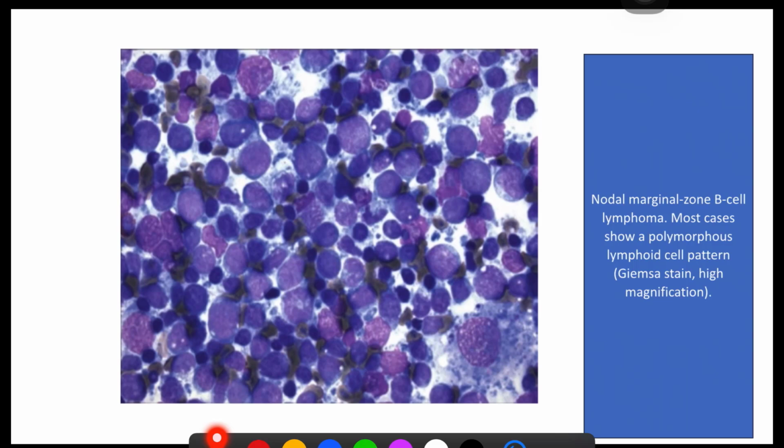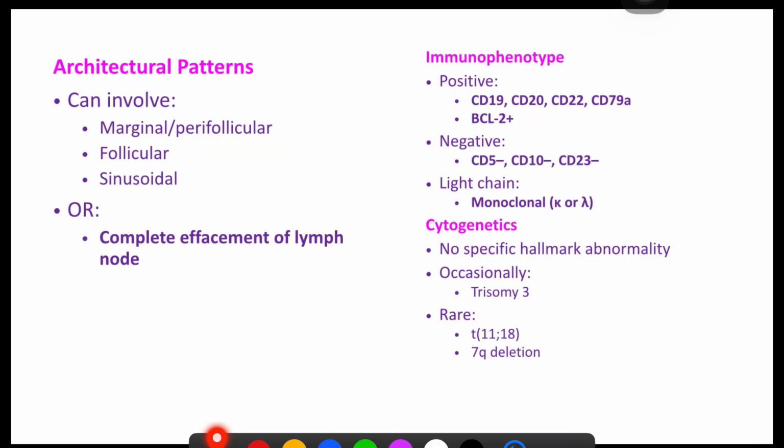So, this is the smear showing nodal marginal zone B cell lymphoma where a polymorphous population is seen, but you can identify an increased number of these blastic cells are present.